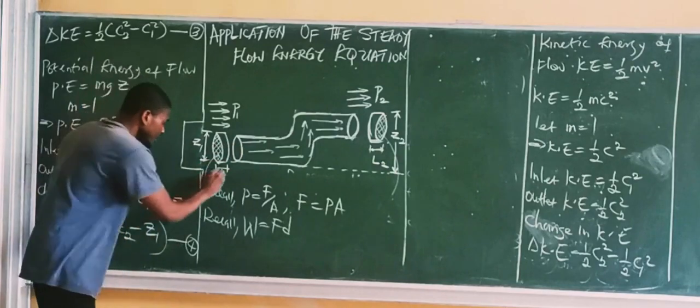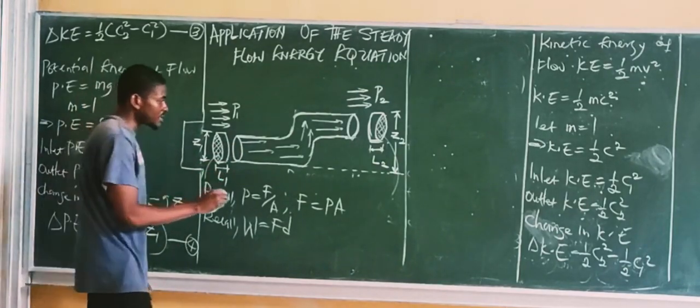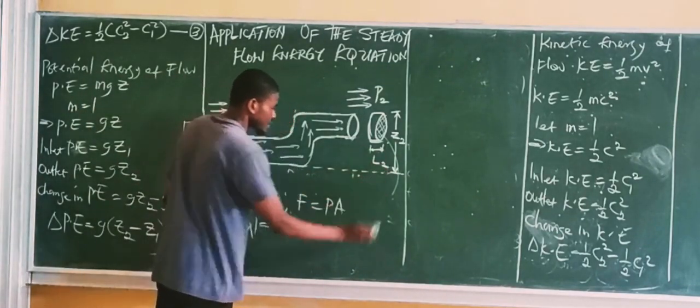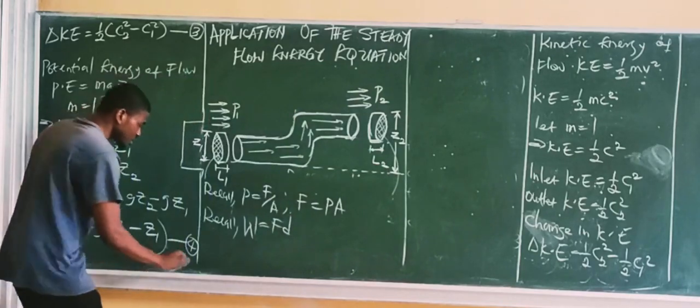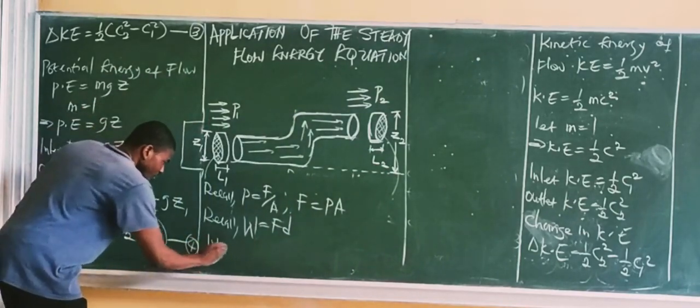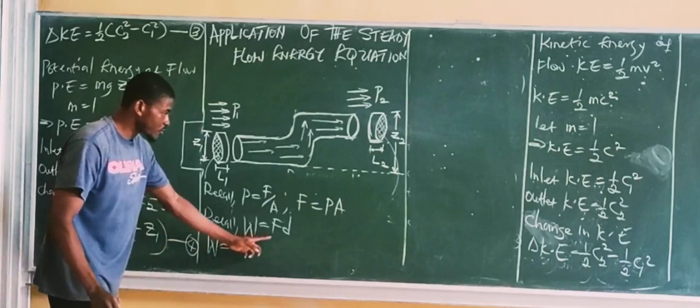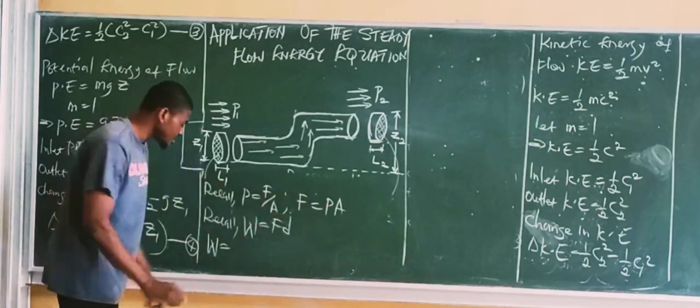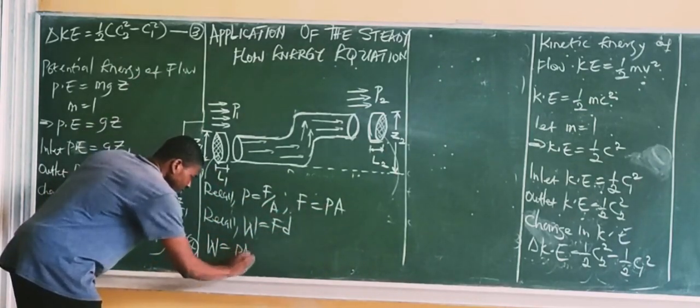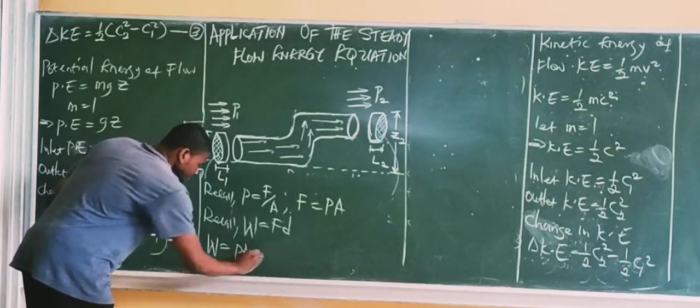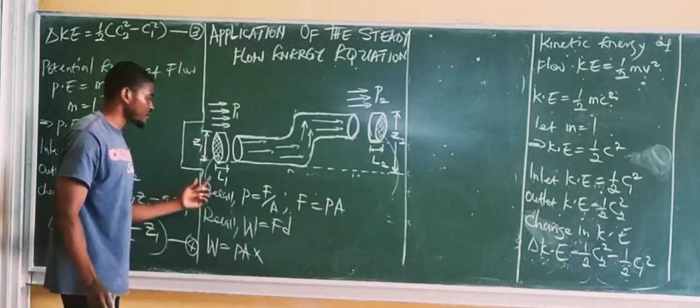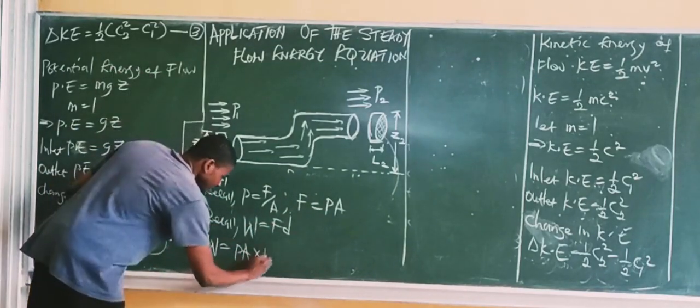The inlet length is L1 and the outlet length is L2. So the work done is pressure times area times length.